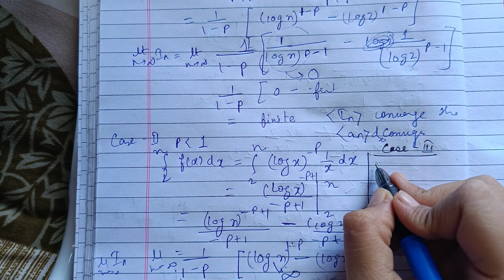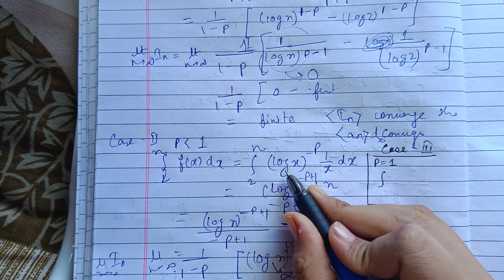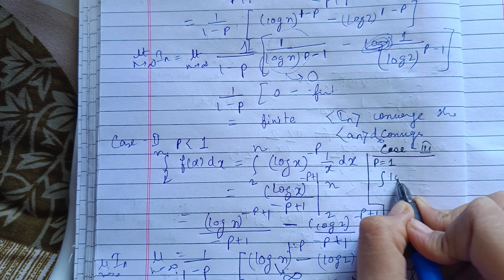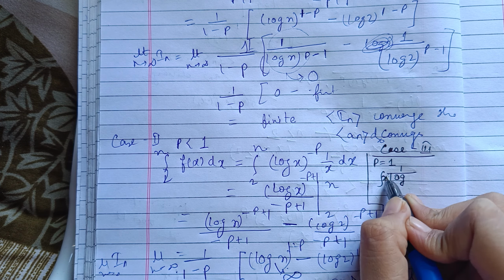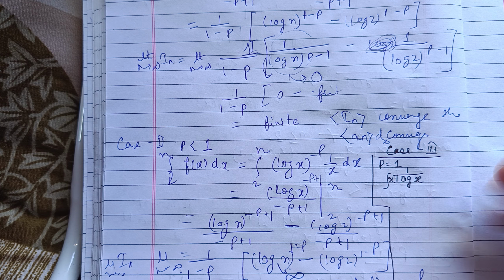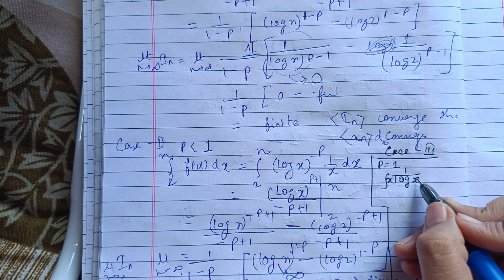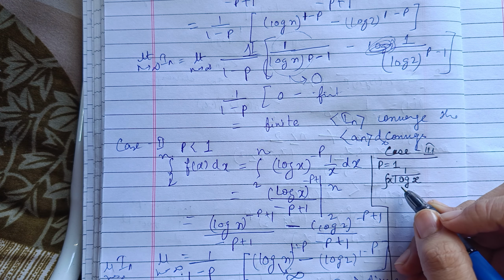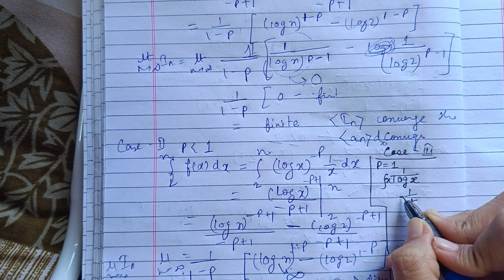If you put p is equal to 1, this will become 1 by x log x, because there is no p. So you have to imagine log x is equal to t, so 1 upon x dx is dt, so I am getting 1 by t as a result.